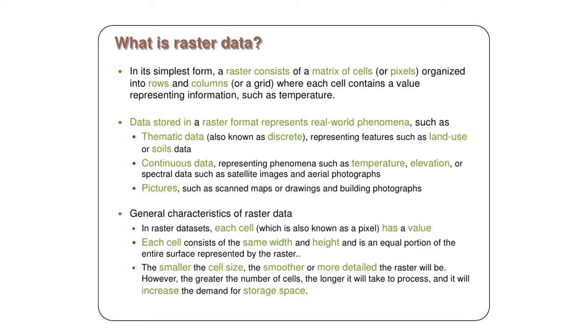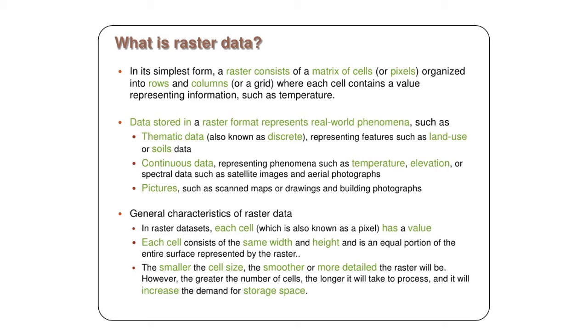General characteristics of data. What are those special characteristics, abilities, qualities of raster data, which are not in vector data? Number 1, in raster data sets, each cell has a value. If it is extreme left bottom, that is maybe 0 value, but in raster, maybe the extreme top has a 0x and 0y. Okay.